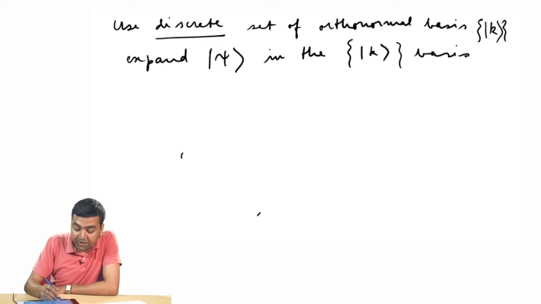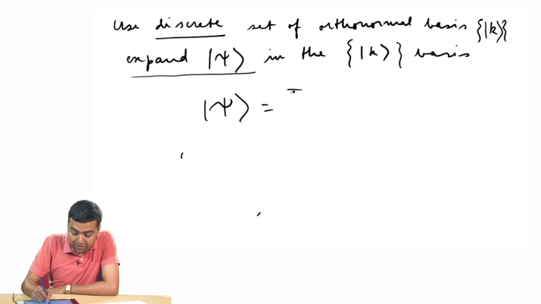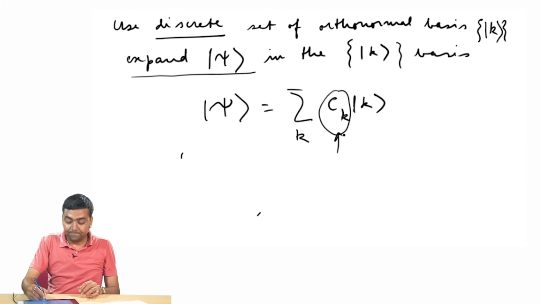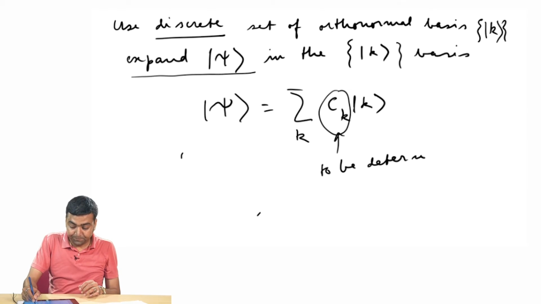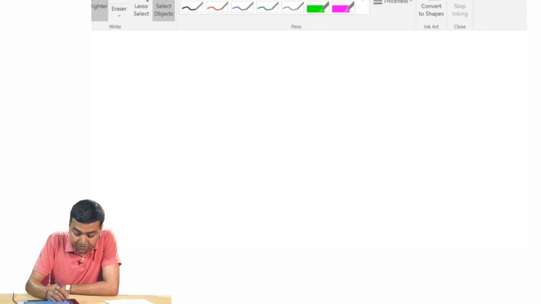Again, remember this expansion which we are doing is a linear expansion. So, what I can write is my psi as a sum of linear combinations of |k>, with coefficients c_k, which are to be determined. Also, we need to worry about the normalization of the wave function.